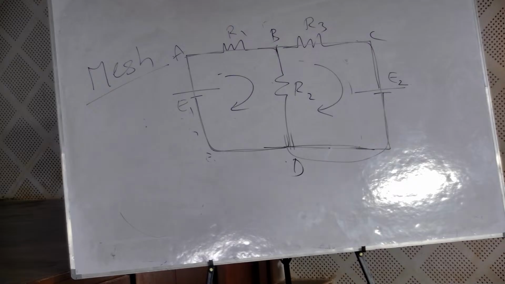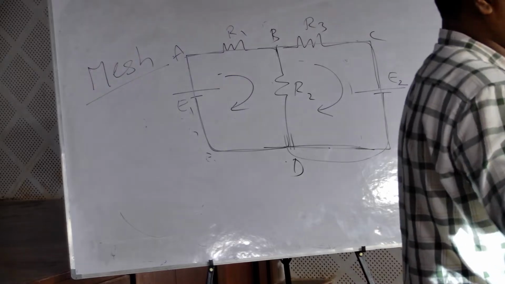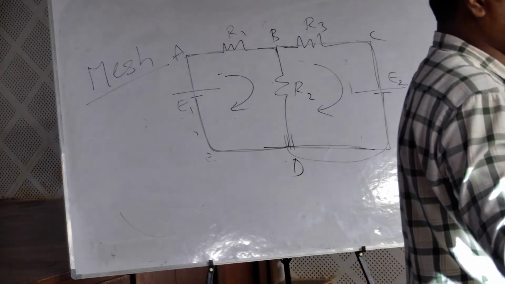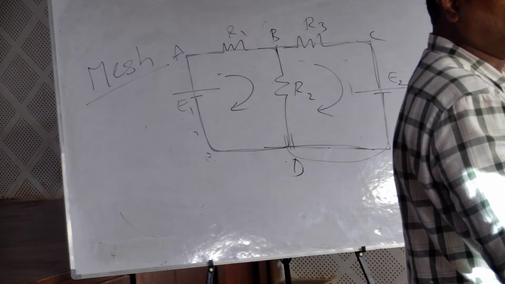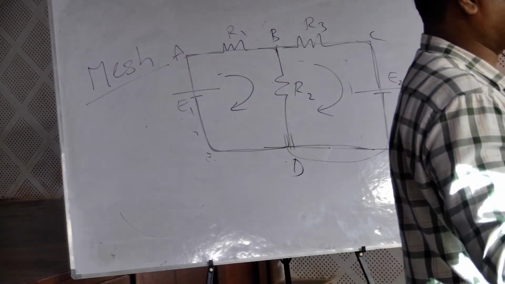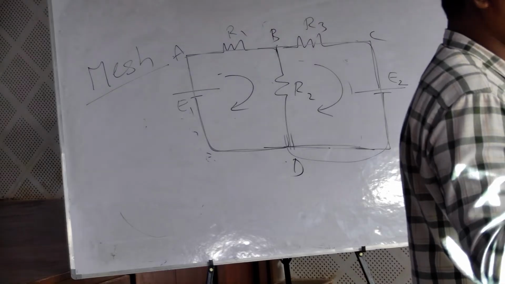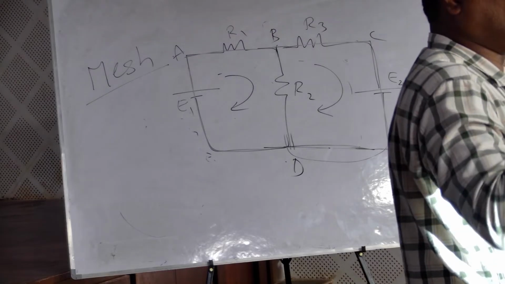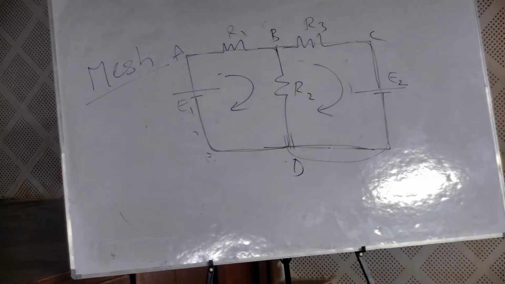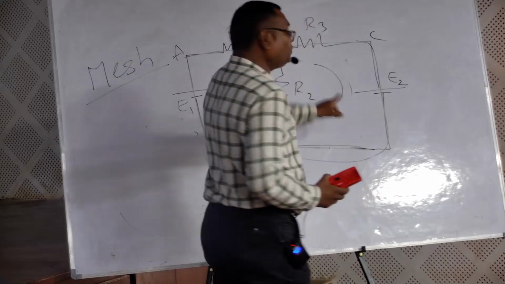If I remove any one branch, one element, can I make a third closed loop? Can I remove R3? If I remove R3, can I get a closed circuit? For a loop, we can remove and tell me the closed circuits. So loop 1, loop 2.